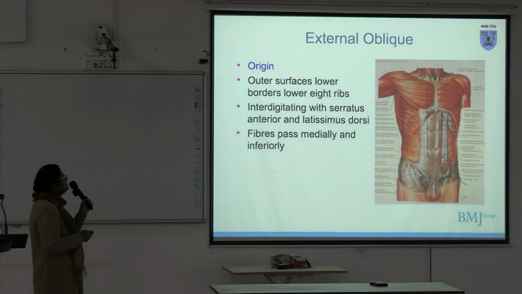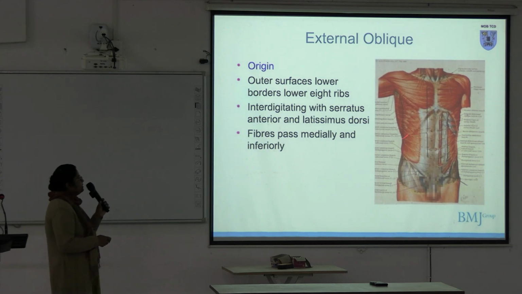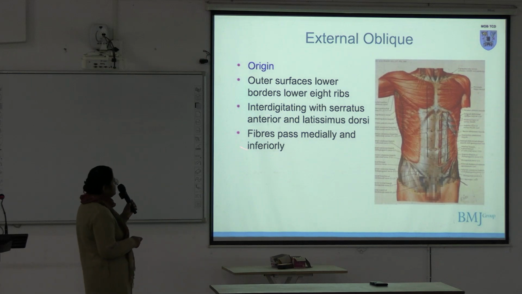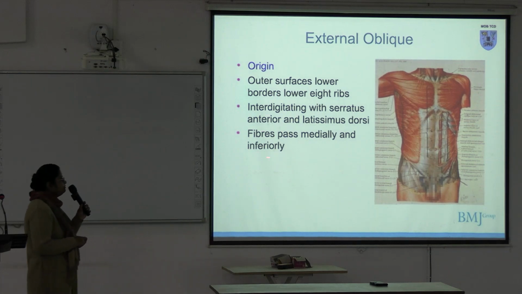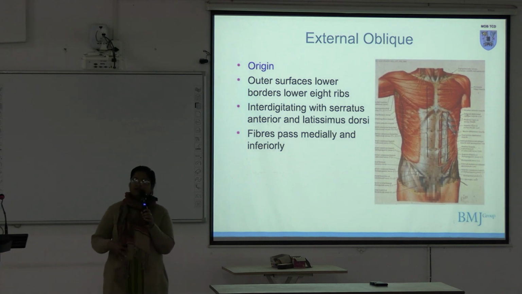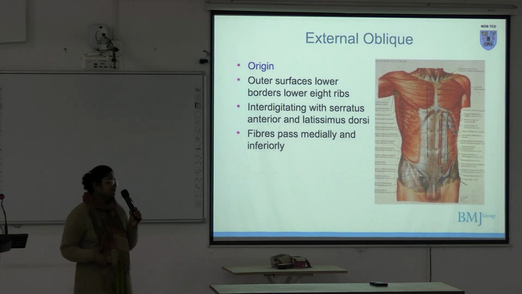So, external oblique origin is from the outer surface of the lower border of the lower 8 ribs, interdigitating with serratus anterior and latissimus dorsi, and fibers pass medially and inferiorly. So this will be the fiber direction, downward, forward, and medially for external oblique.